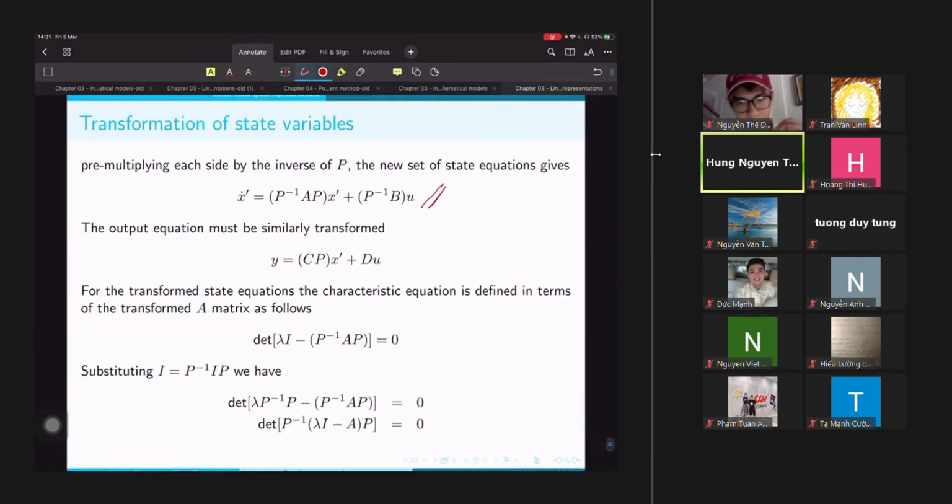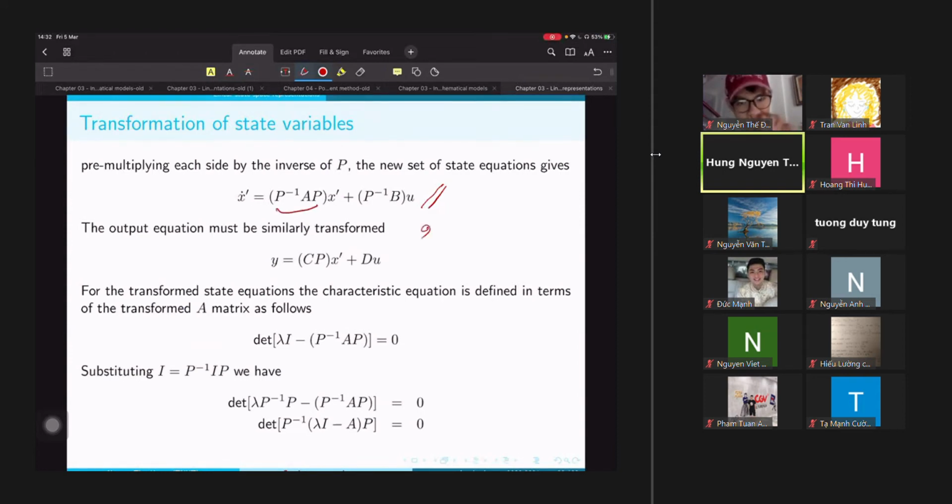We change the system state variables by using a linear transformation matrix P, and then we get the new one.